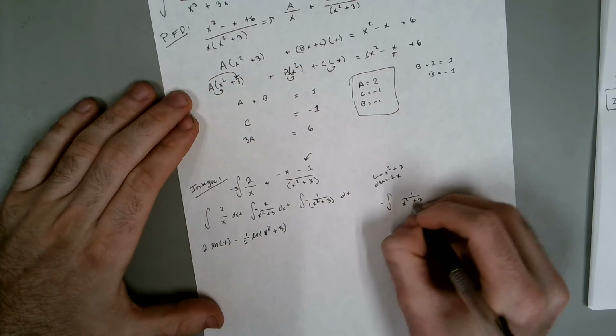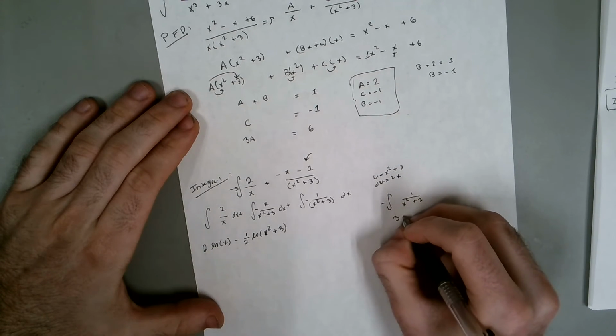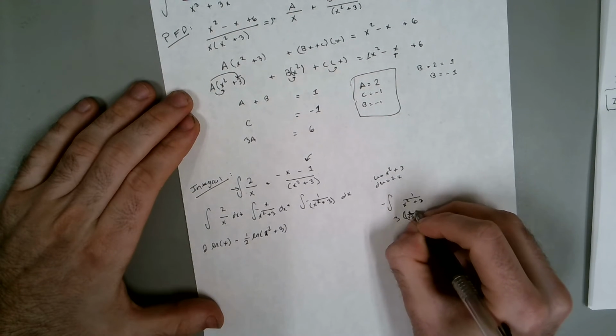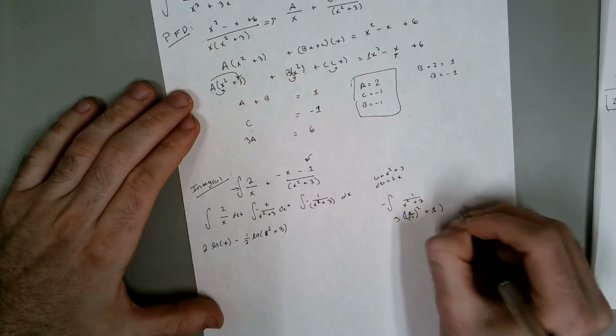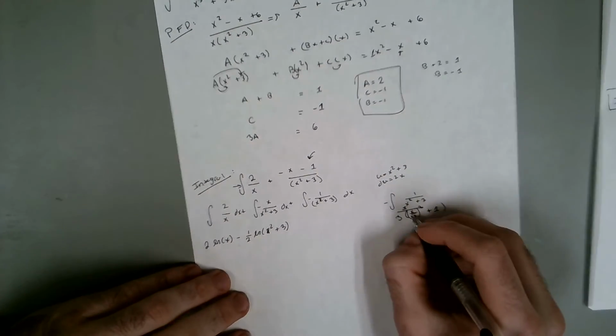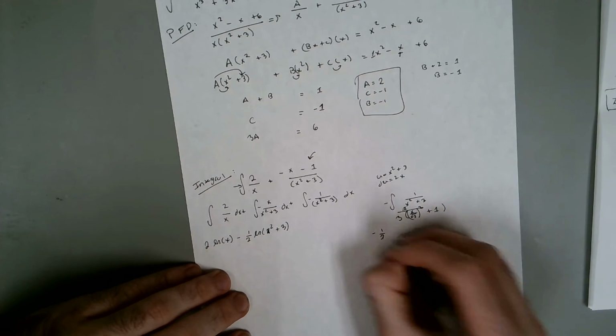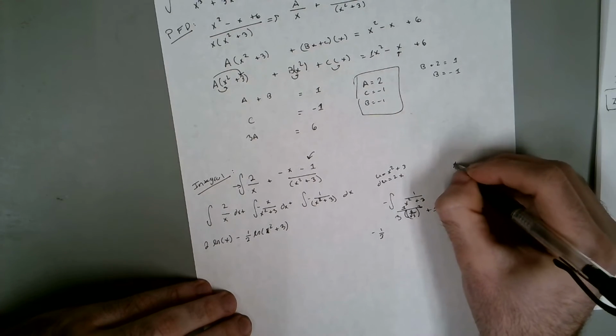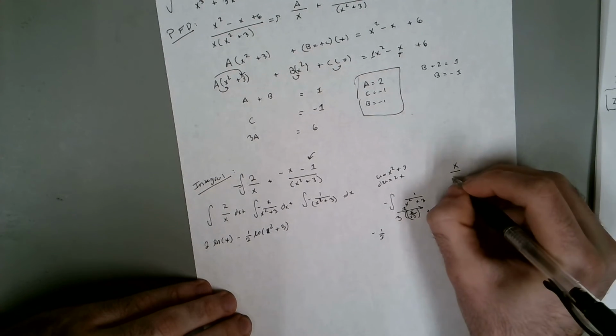So pull out a 3, x over the square root of 3 squared plus 1. Right. Sorry. So here it becomes obvious that we're going to have a minus 1 over 3.